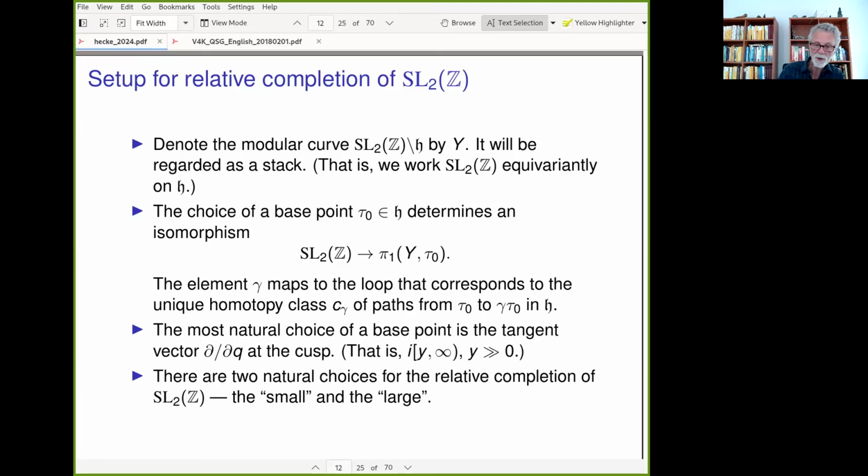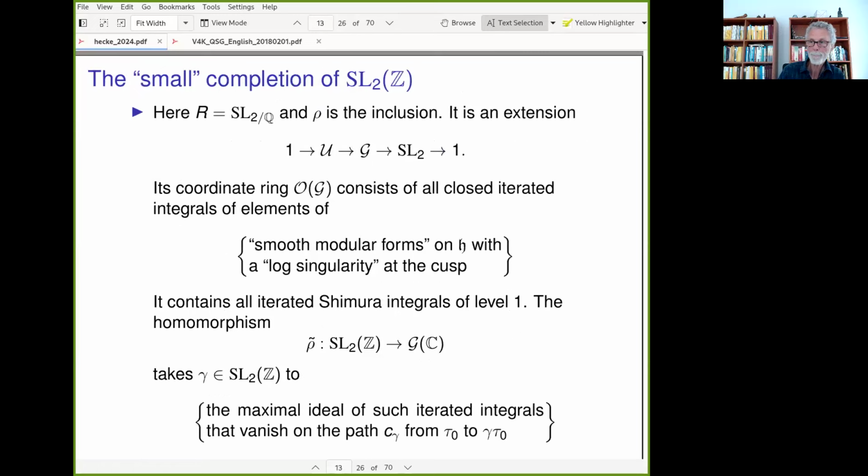But for the Hecke story, we have to work with the large one. For the small completion, we take the reductive quotient to just be the affine group SL2 over Q, and the homomorphism rho will just be the inclusion of SL2Z into SL2Q.